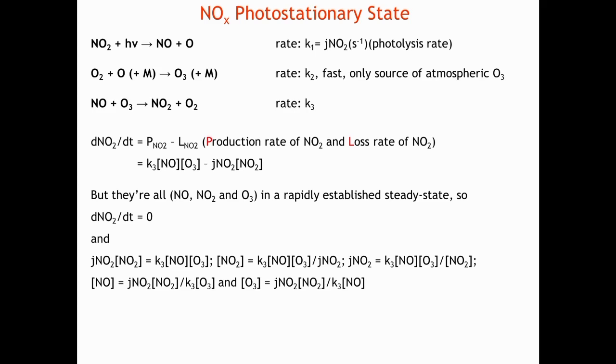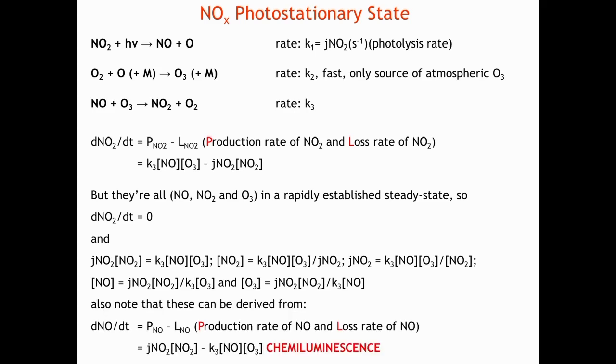And you can rearrange because the production rate equals the loss rate of each of the compounds, because they don't change in concentration. So instead of saying dNO2 by dt, you can also just say dNO by dt, and you can do the same calculations.